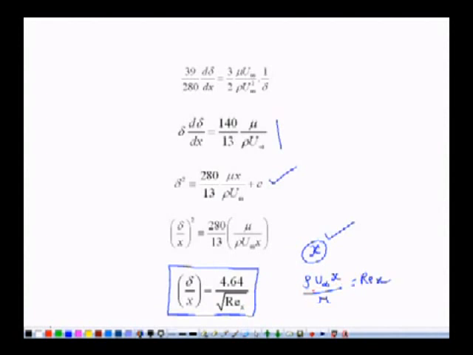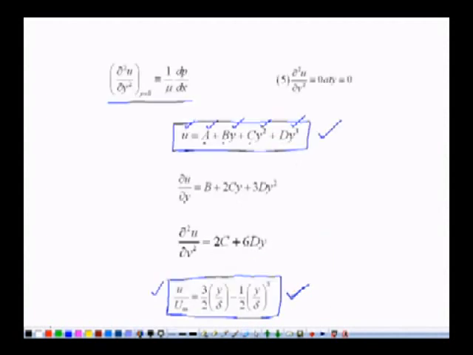So at a given location we know the value of Rex and we can find out delta over x, and with the help of this we can find out delta. Please keep in mind that this is not the general formula for calculating the boundary layer thickness. In any exam, if you have a different velocity profile than selected in this problem, when we have solved this problem, then we had assumed this velocity profile.